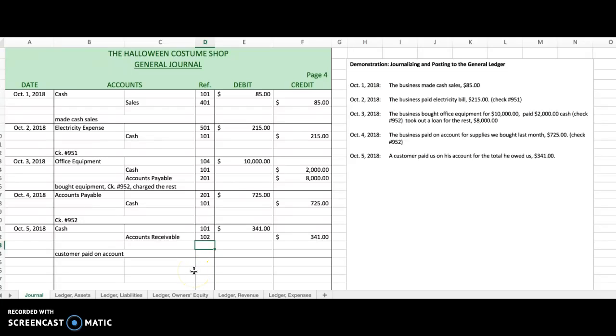So that's the process. Not really that difficult. As I said, once you get these entries correct in the journal, then posting is relatively simple. It's a process that's the same every time. Whatever you do in the journal, you do in the ledger. So that's why the journal has to be correct, otherwise the ledger is incorrect.